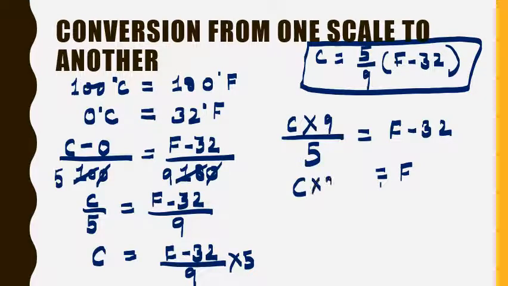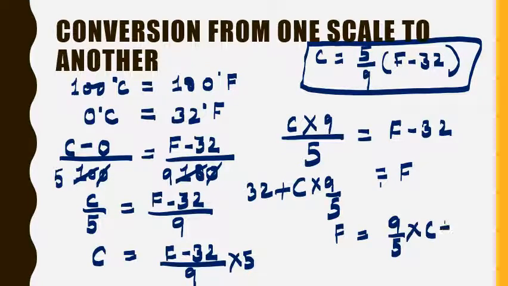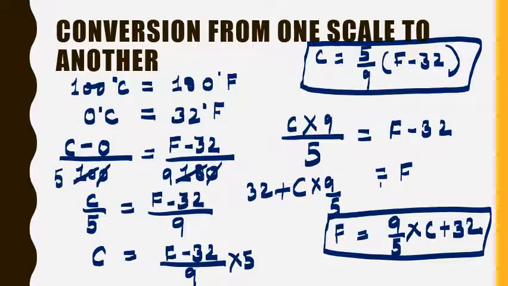C into 9 by 5 plus 32. You know this? Here it is in minus. So on the other side it will become plus. So to write it more clearly, we can write it as F is equal to 9 by 5 into C plus 32. So this is the formula for the conversion of degree Celsius into degree Fahrenheit.